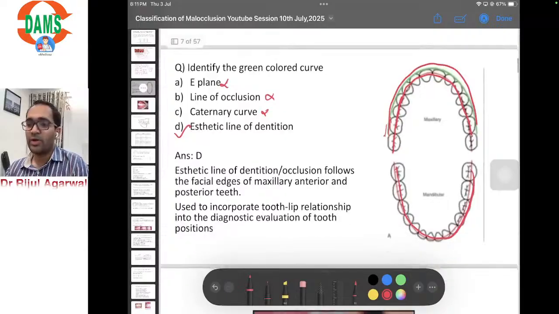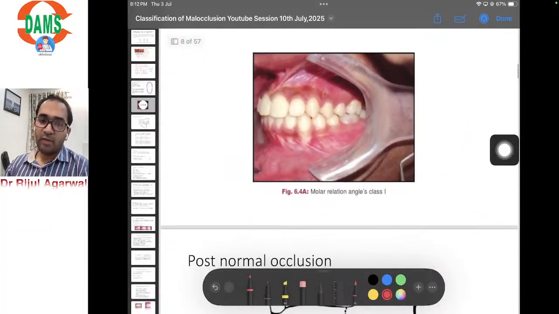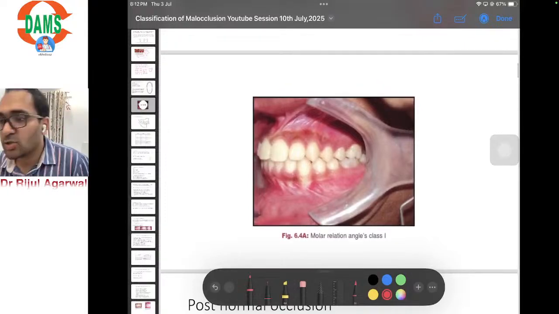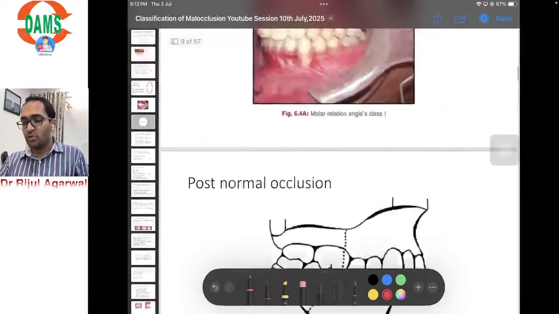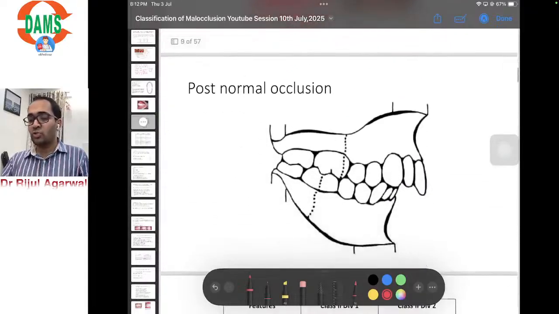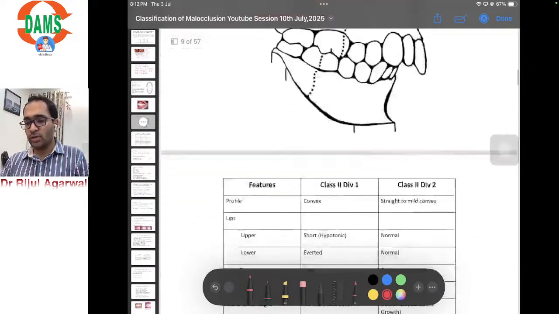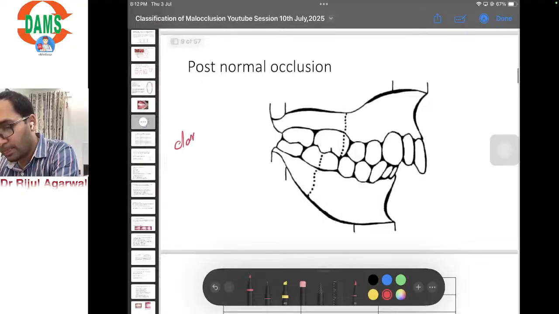Now I'm not going to describe what is class 1, class 2 and class 3 molar relation. You all know from your graduation time. The other name for class 2 molar relation is post-normal occlusion, and for class 3 it is pre-normal occlusion.